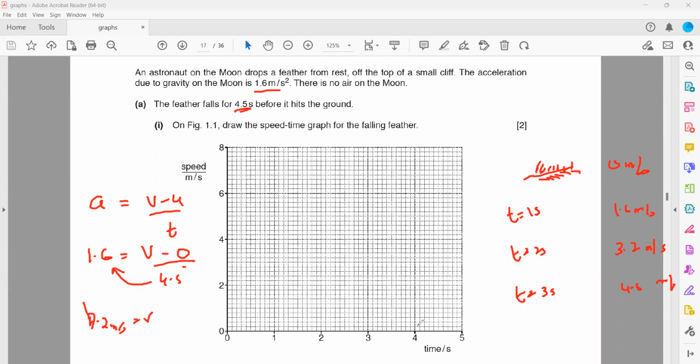When the time is 4.5, each box represents 0.1, so 4.1, 2, 3, 4, and 5. So this is 4.5. The speed is 7.2. Ten boxes equal 2, so each represents 0.2. So 0.2, 0.4, 0.6, 0.8, and this will be 7.2.